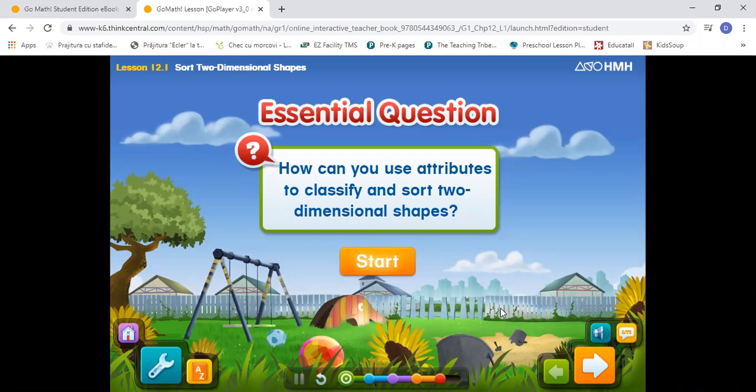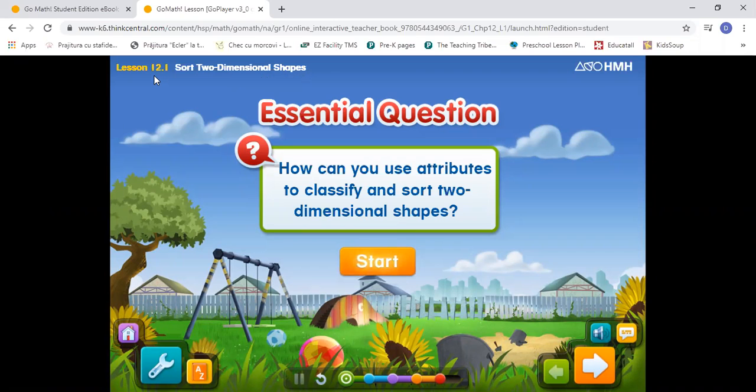Today we will have a math lesson, lesson 12.1, sort two-dimensional shapes. Remember in chapter 11 we talked about three-dimensional shapes or 3D shapes. So in chapter 12 we will learn about two-dimensional shapes or 2D shapes.